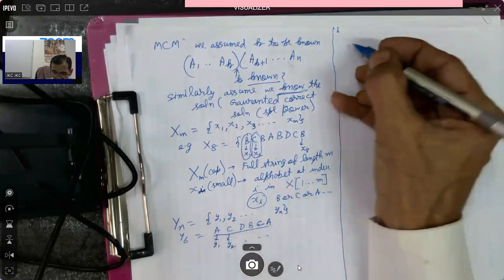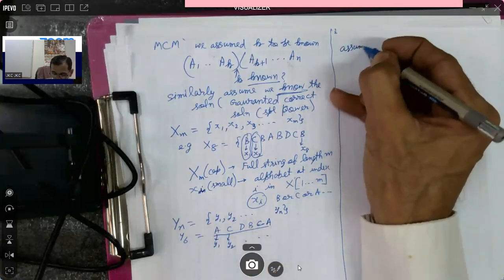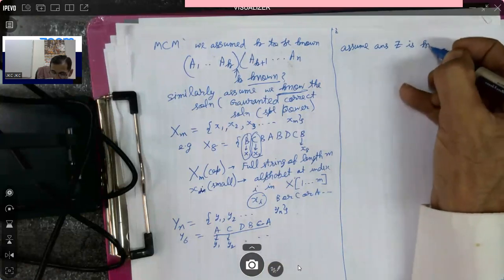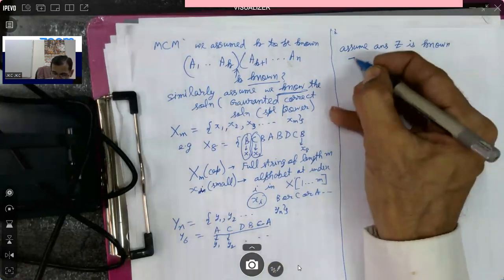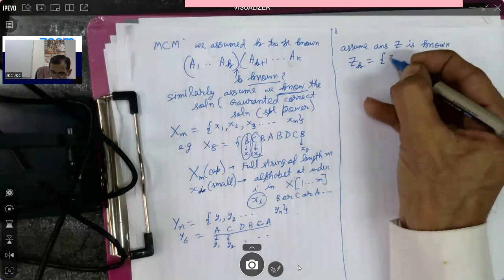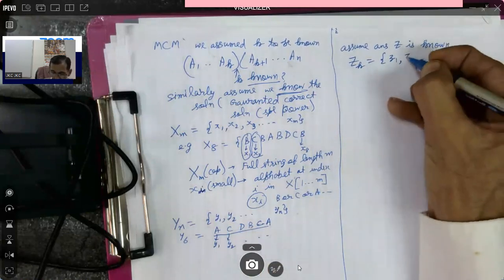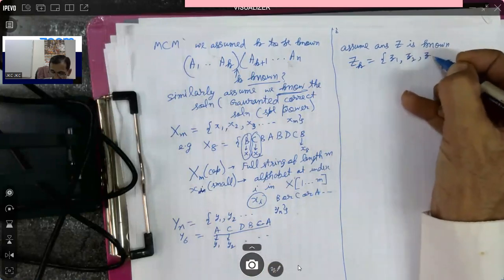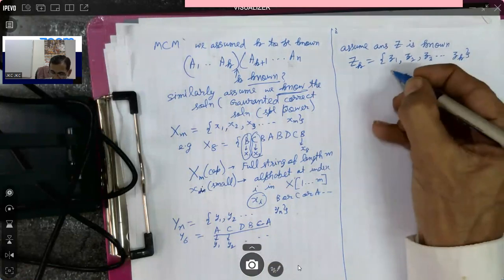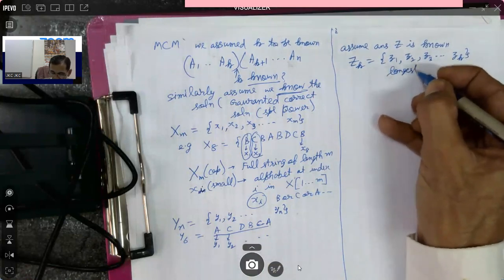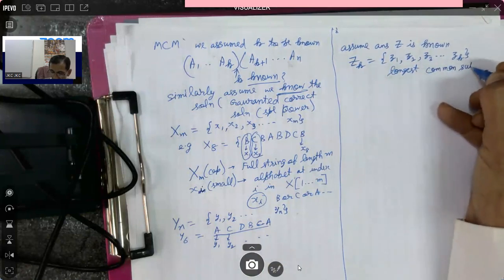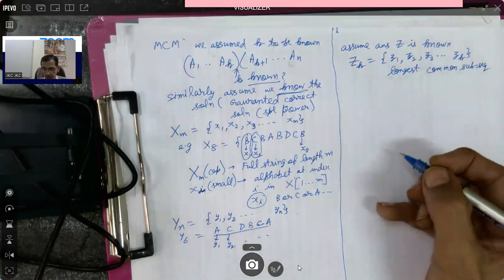Having said that, I say, assume you know the answer. Answer Z is known to me. In Z also, I say Z of size K will be the answer, which means I am able to find some alphabets or bases which are going to be the answer as the longest common subsequence.